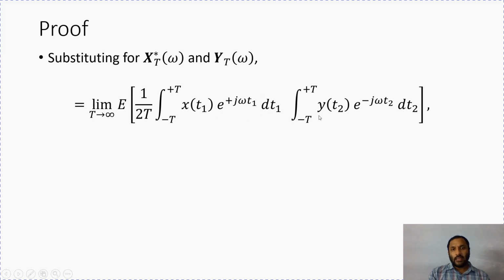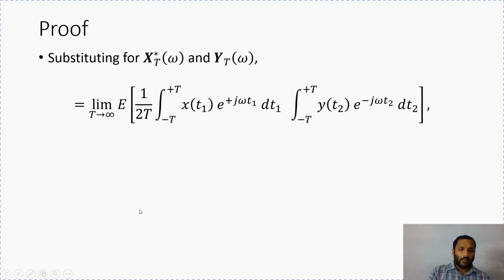Similarly, the second Fourier transform of y of t is given by this expression. It is the Fourier transform of y of t within the interval minus T to T. So the limits are from minus T to T, and y of t2, where t2 is a dummy variable, and e power minus j omega t2.